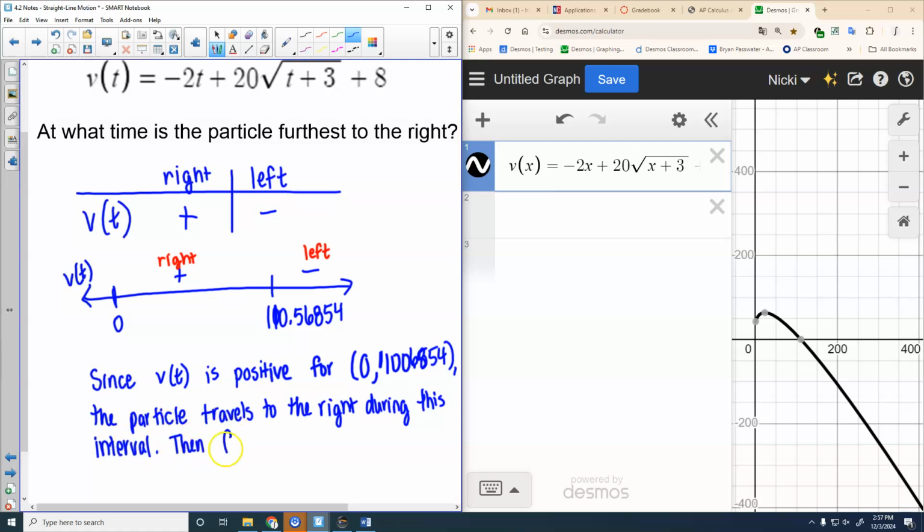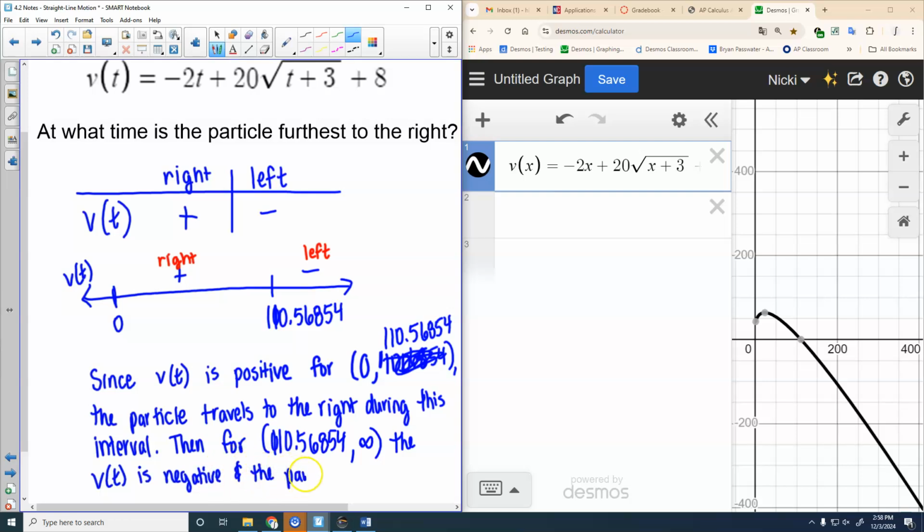Then for 110.5685 to infinity, the velocity is negative, and the particle travels to the left.